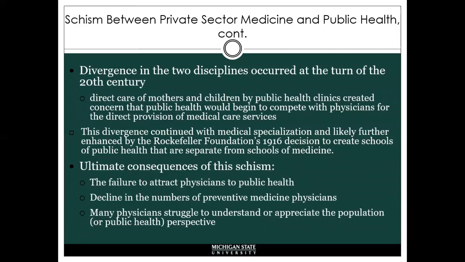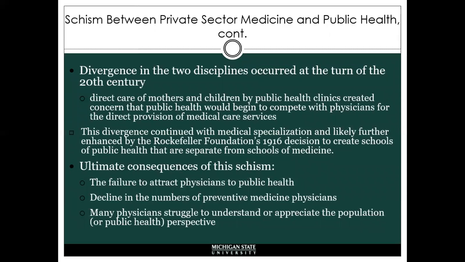So at the turn of the 20th century, in the early 1900s, public health clinics were providing care to mothers and children or newborns. And physicians at that time were feeling like it was encroaching on their business. So they saw that as a threat to their business.